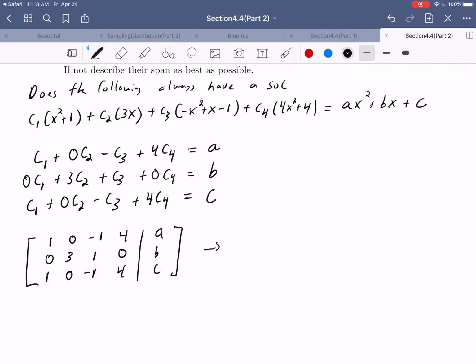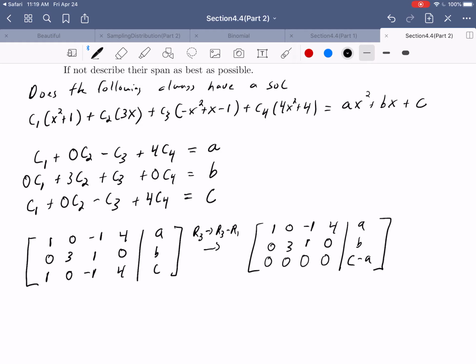So let's do our first operation here: R3 replaced with R3 minus R1. That gives 1, 0, -1, 4 | a; 0, 3, 1, 0 | b; and then here we get 0, 0, 0, 0 | c minus a. Right here, this is a big concern.